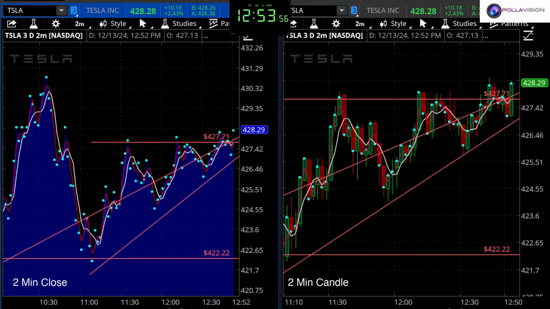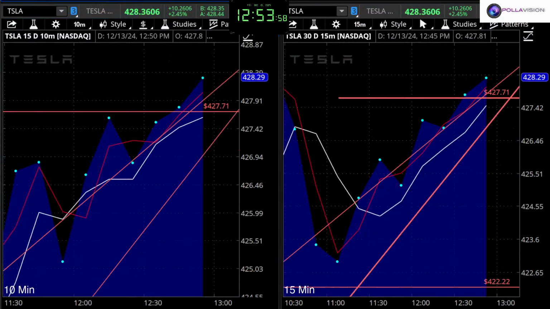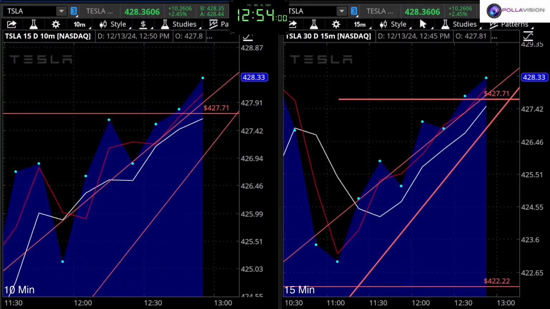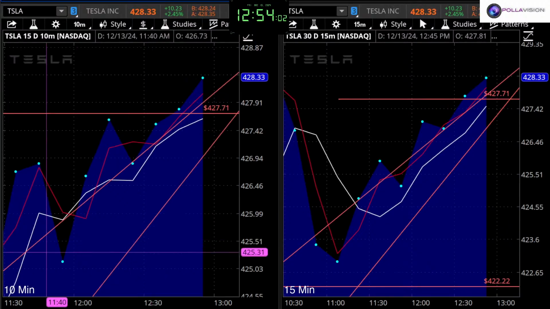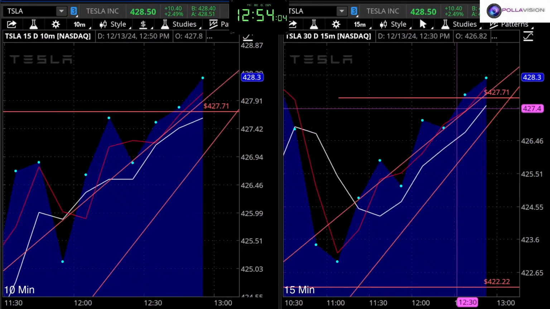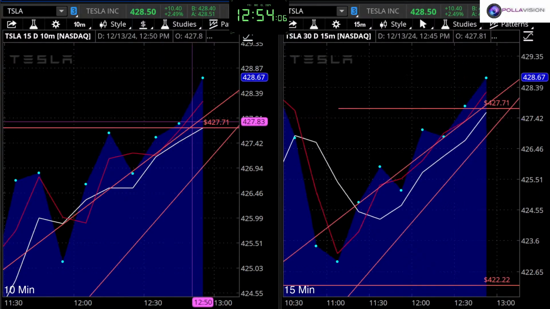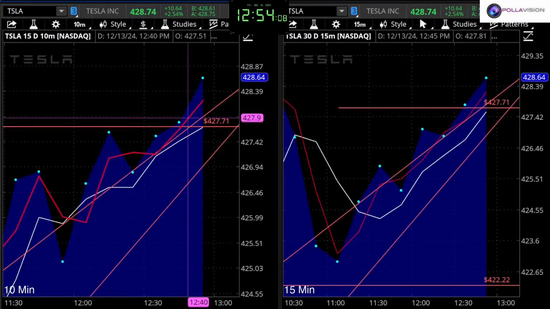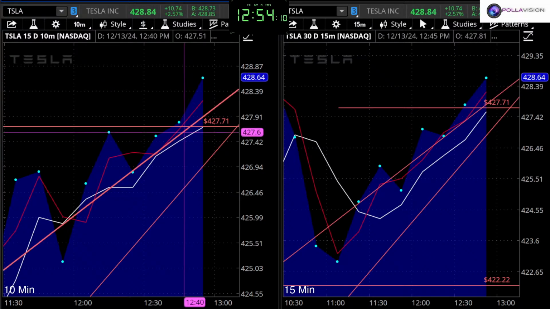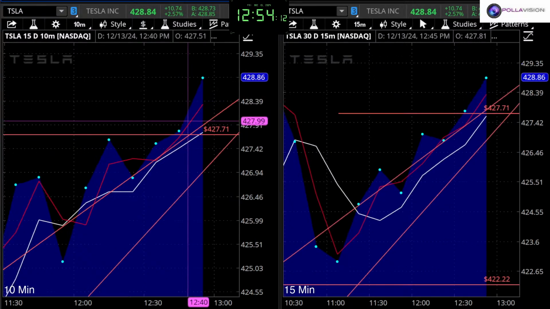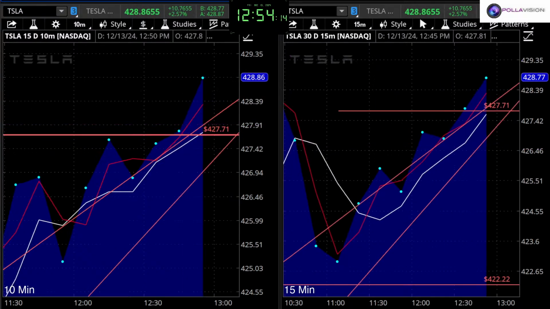Let's look at a 10-minute. 10 and 15. What do we see here? We see the 4 going up, up, up. We see the price going up, up, up. The 2 going up, up, up. Same here on the 10. We do not see any weakness on the 10 and the 15.